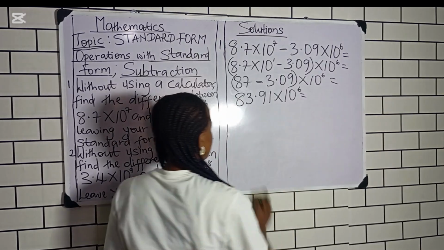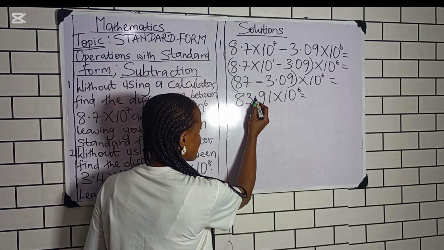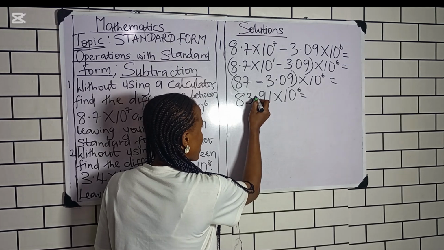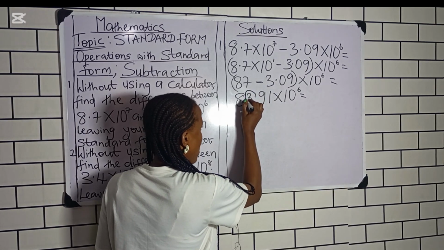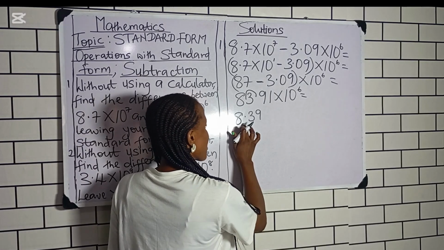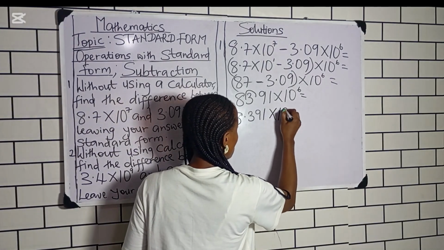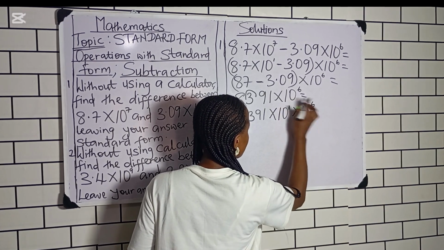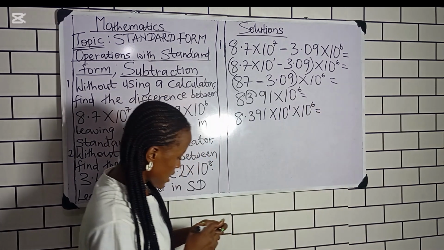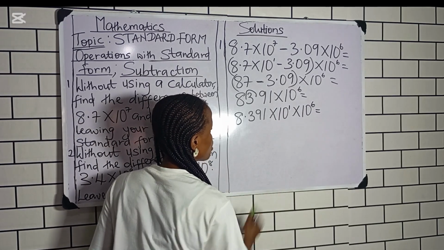if you reduce this 83.91 further, this is where our decimal point is. You carry it, you place it immediately before the first digit. You count 1. This will give us 8.391 times 10 raised to power 1 times 10 raised to power 6. Now, the bases here are the same, and we have multiplication in between.